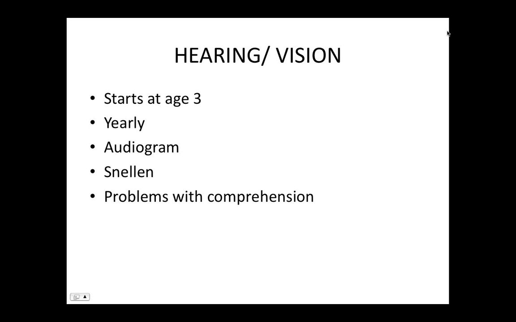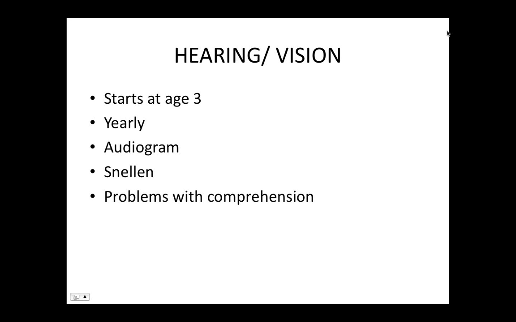It is a machine that we use here in the office. We have audiograms connected to our computers. It is strictly a screening tool. You do run into some problems, which I'll mention in just a second, but that's what we use for hearing screening. As far as vision screening, we just use a Snellen chart.